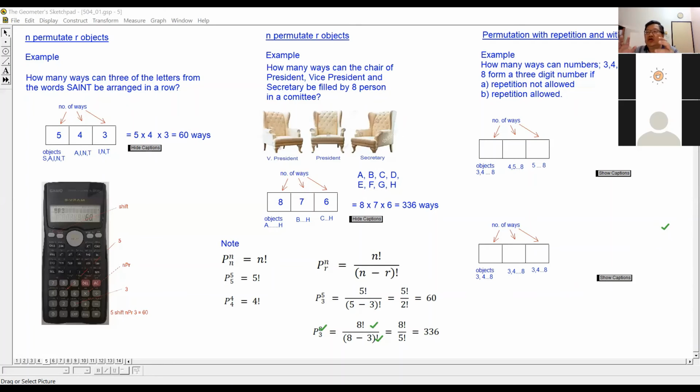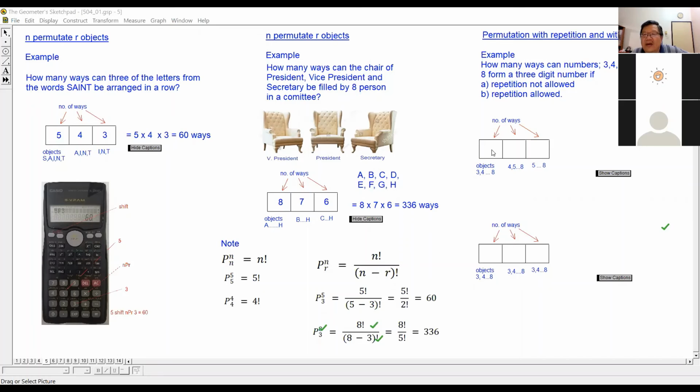I want to choose from how many numbers here? 1, 2, 3, 4, 5. They are altogether 5 numbers. From these 5 numbers, I'm going to choose 3 numbers and arrange them to form a 3-digit number. So how many ways can this be done?